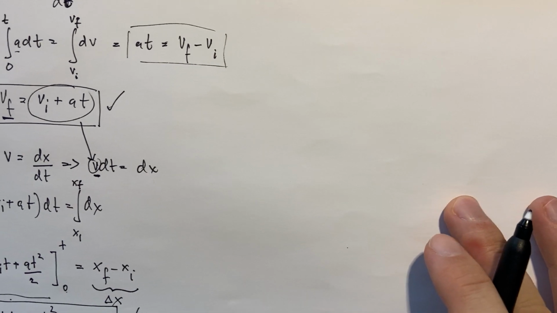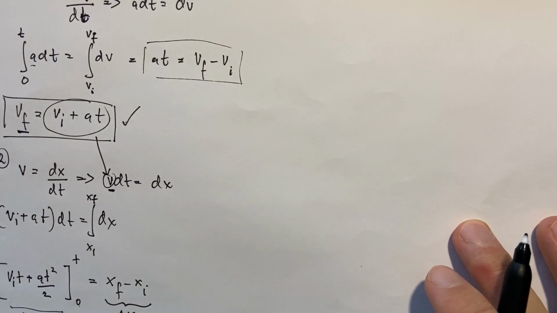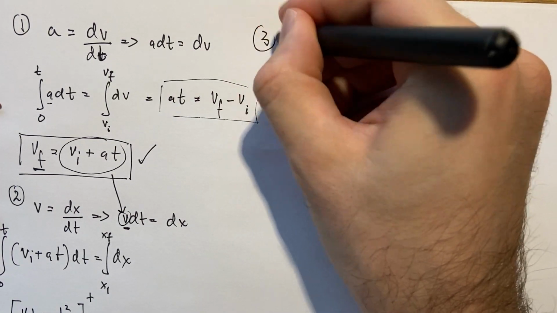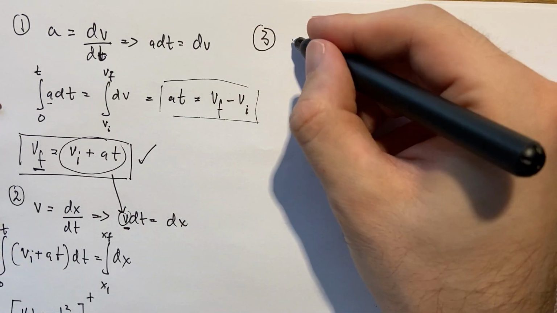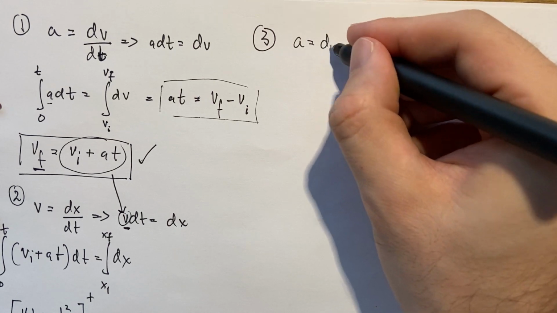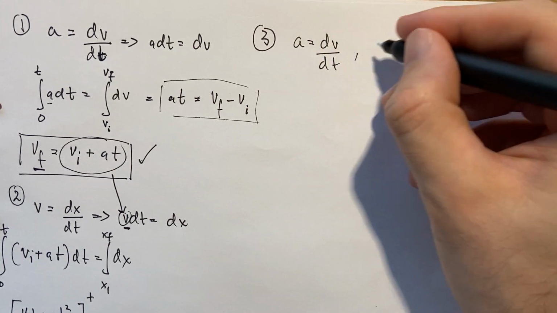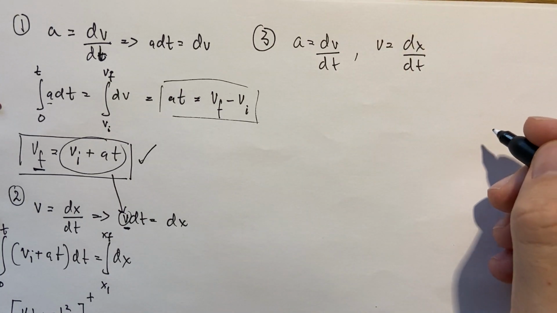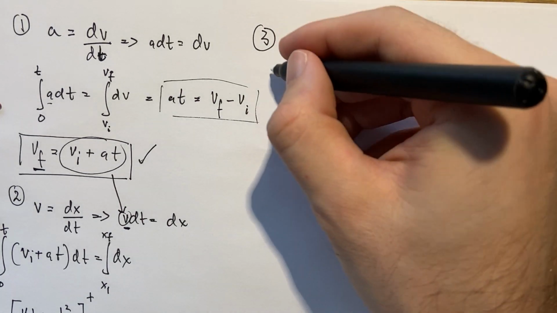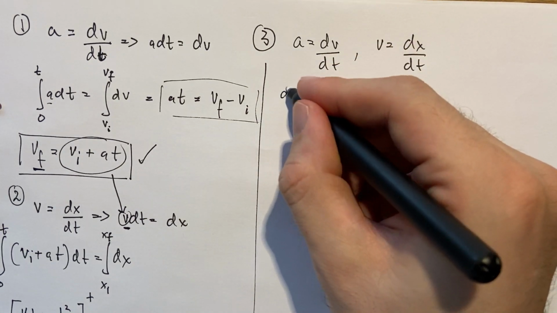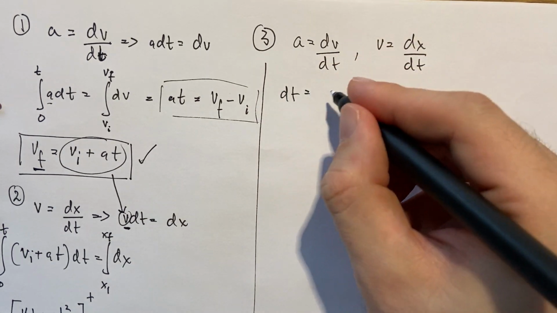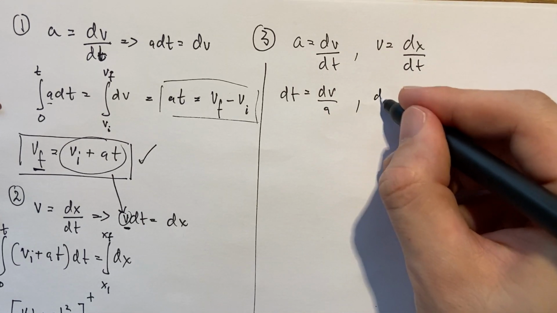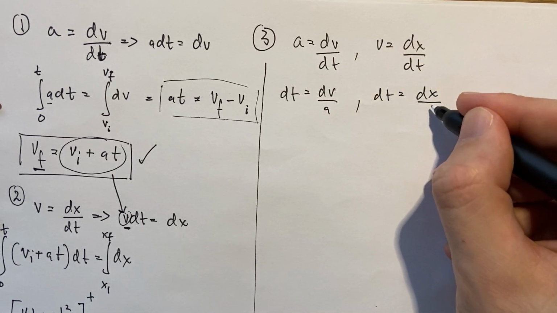Now let's move on to the third equation of motion. Third equation of motion will start off once again with both definitions. First, acceleration equals dv over dt, and then velocity equals dx over dt. This means that dt equals dv over a, but also on this side that dt equals dx over v.